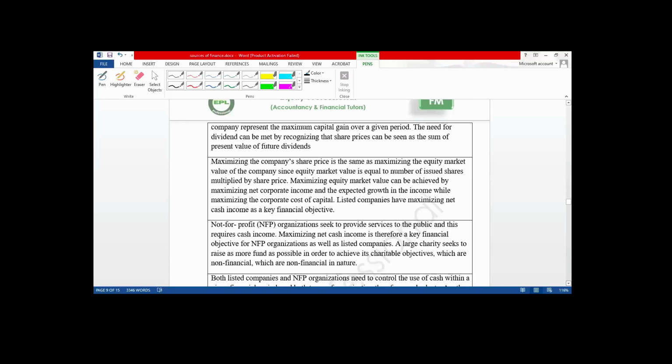Therefore, maximizing the net cash income is a financial objective for not-for-profit organization, as well as for listed company. Large charity seek to raise as much funds as possible in order to achieve its charitable objective, which are non-financial.